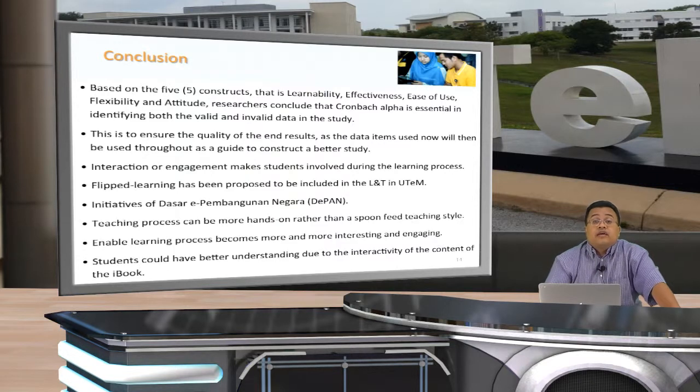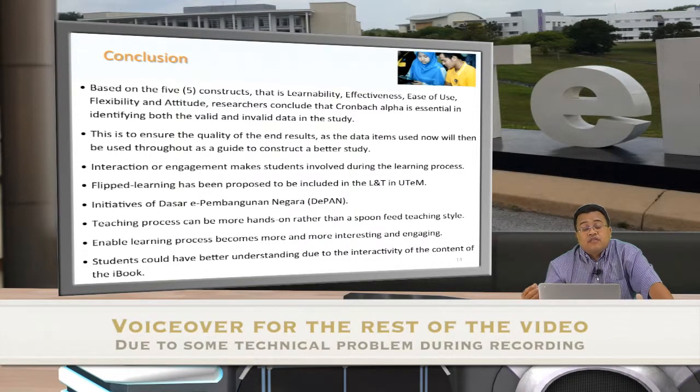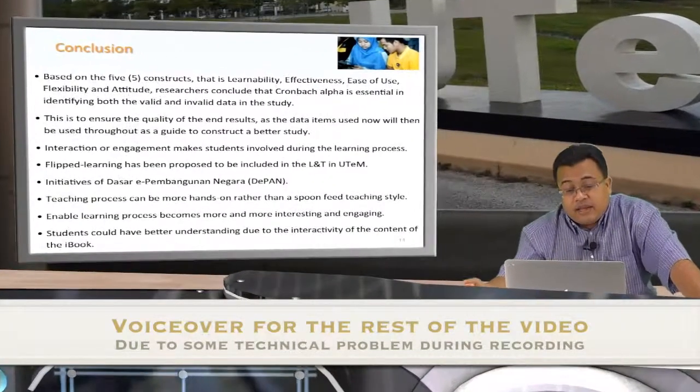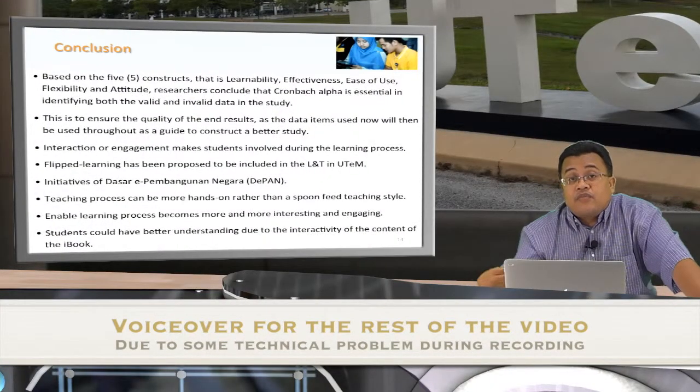So it's in line with the government policy. This approach also enables the learning process to become more and more interesting and engaging, and the students could have better understanding due to the interactivity and the content of the iBook itself.